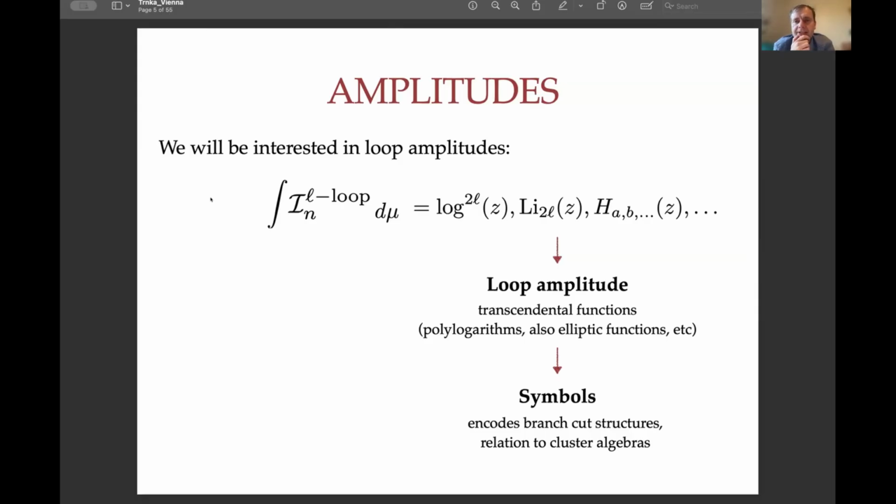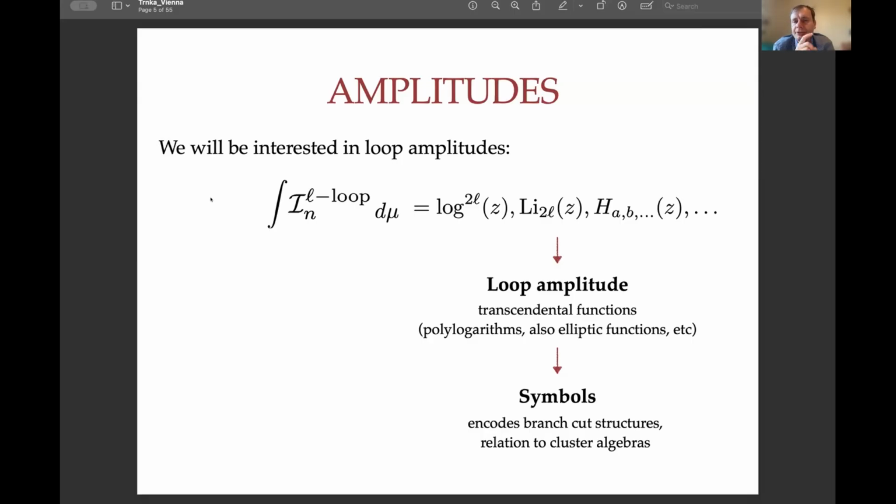But it's a very complicated function, transcendental. In this talk, we will mostly talk about polylogs, but there are even more functions, elliptic functions, and we don't even know the function space. Even at relatively low loop order, we don't know what exactly can show up in amplitudes. Now, there is a reduction of this information of the amplitude to the symbols, which is some combinatorial data which encode branch cut structures.